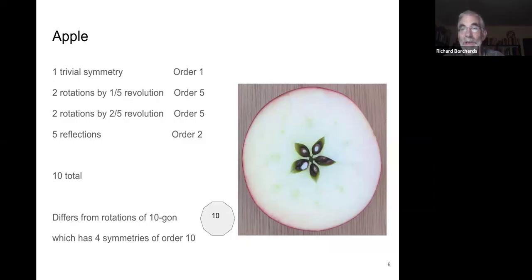So if you count rotations and reflections, it actually has 10 symmetries because you can rotate it 5 ways, and then you can also reflect it in 5 different ways. Altogether, it's got 10 symmetries, and if you count them up, there are 5 of order 2, 4 of order 5, and 1 of order 1. So that's a typical example of a slightly more complicated group.